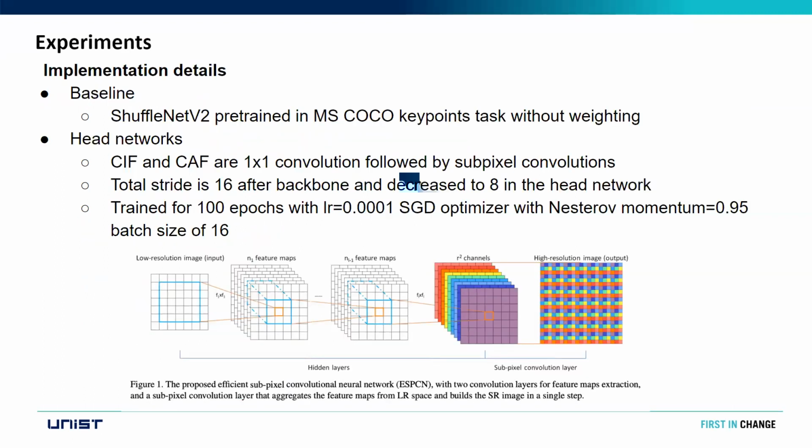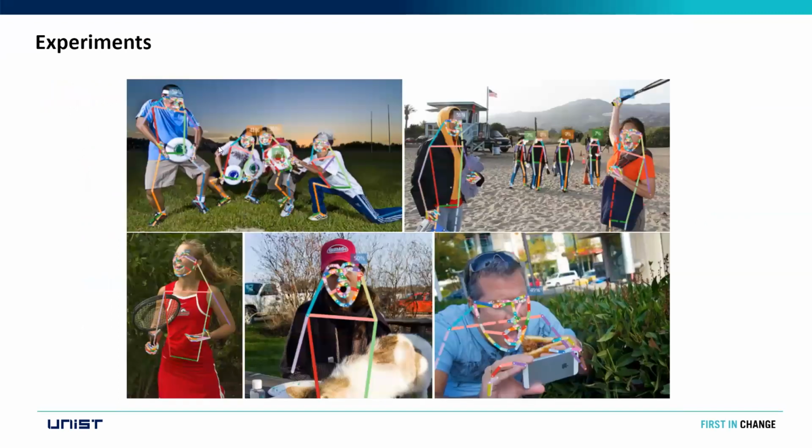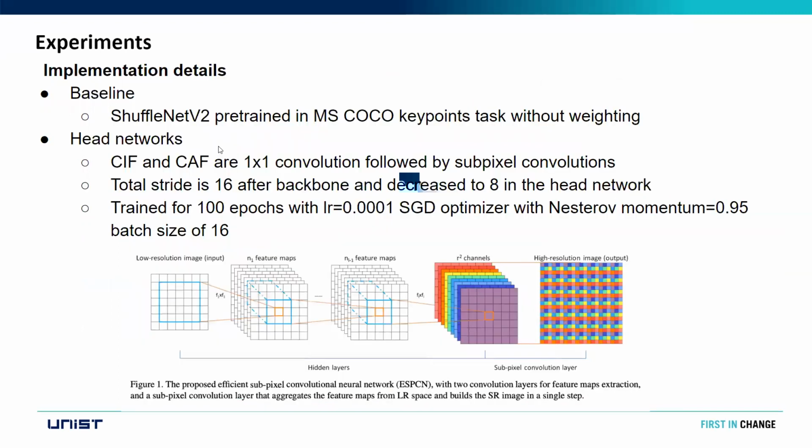This is how they train their model: they use ShuffleNet pre-trained on the MS COCO key point task, without their method weighting, and then they trained their head networks on this COCO WholeBody dataset for 100 epochs.